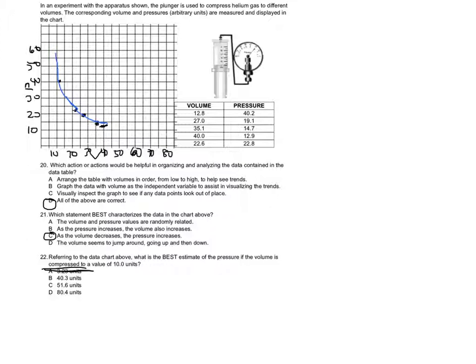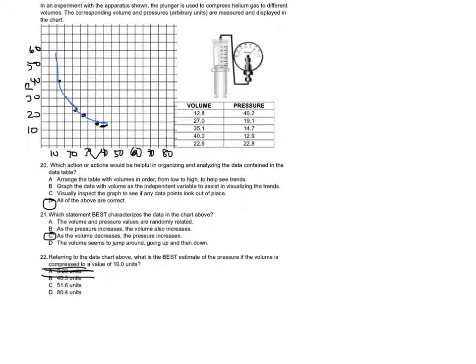So we know it's definitely got to be higher than our last pressure amount, which was 40.2. And we know this is an inverse curve, so we know that it's going to go up quite a bit as the pressure increases. So we know it can't be 40.3 either, because that's almost the same thing as 40.2. And we know that this is going to curve up. So then the next question is, is it 51.6 or is it 80.4?